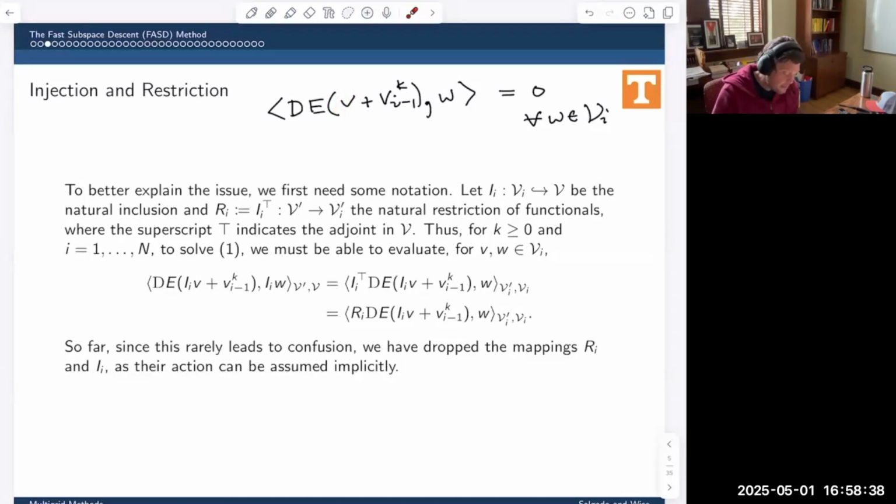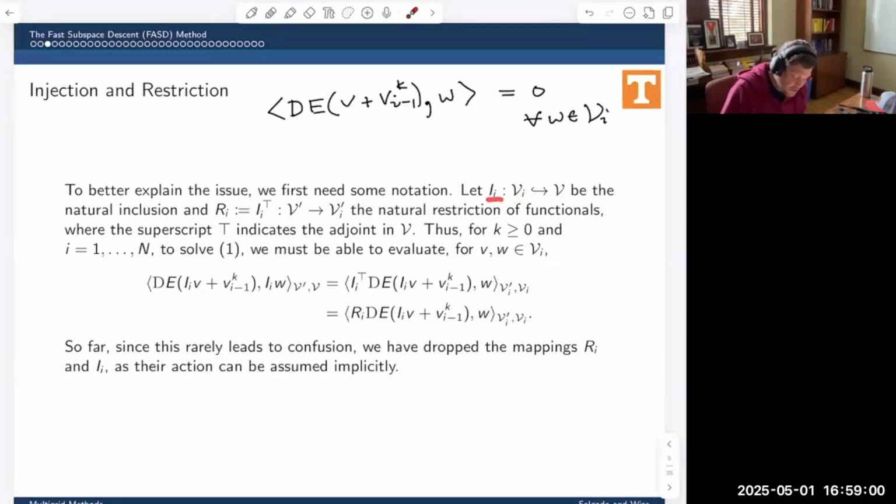Well, I can think about something called the injection operator, or the belonging operator, I guess. Injection simply means that it's an operation that's basically built in via inclusion. So we know that this is a subspace of that.